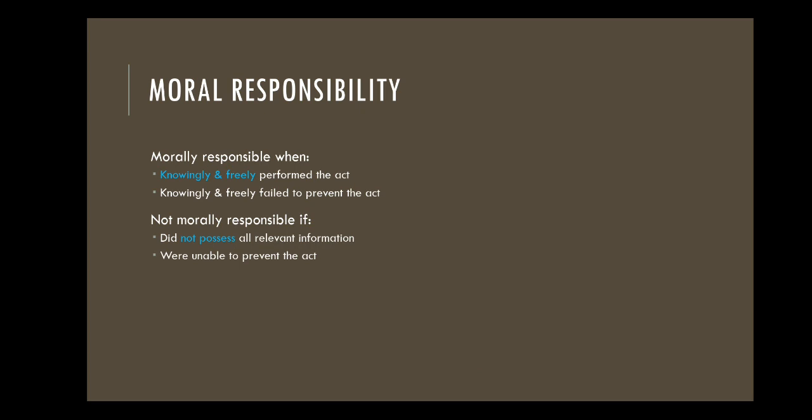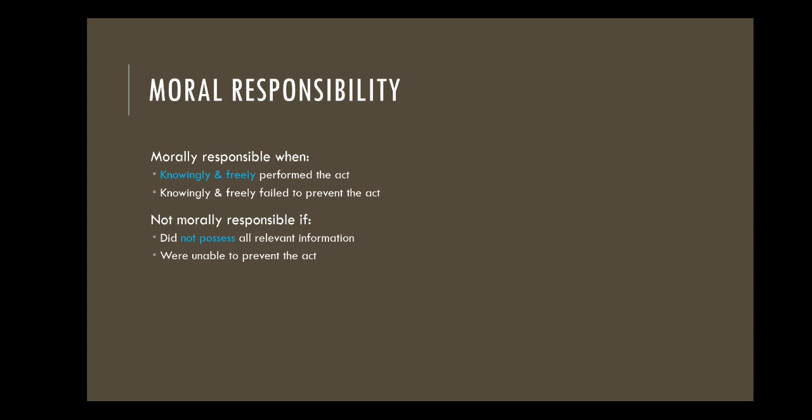But if a person knows what he or she is doing, and is doing it by his or her own will, then he or she is morally responsible.